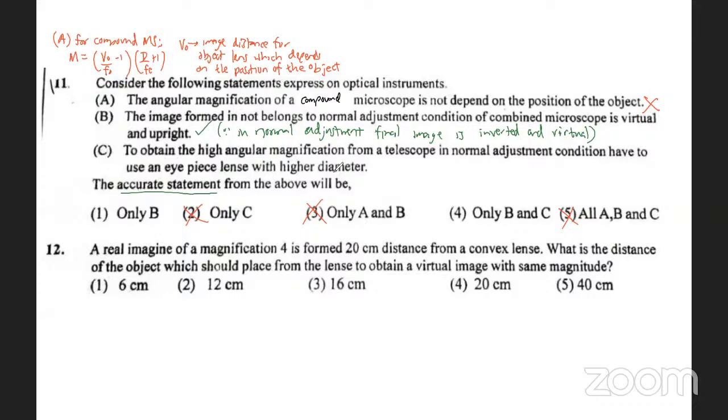Statement C: for the angular magnification of a telescope in normal adjustment conditions, we have to use an eyepiece lens with higher diameter. That is wrong. For a telescope, people, capital M is equal to FO over FE. A telescope will look like this. You might have seen, it has to look like this.